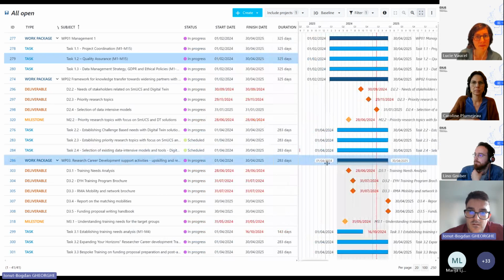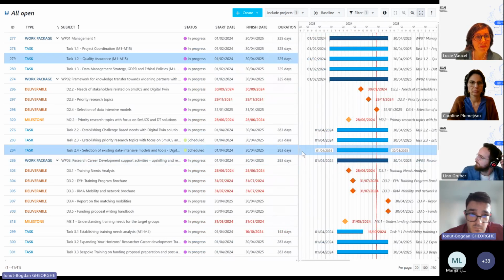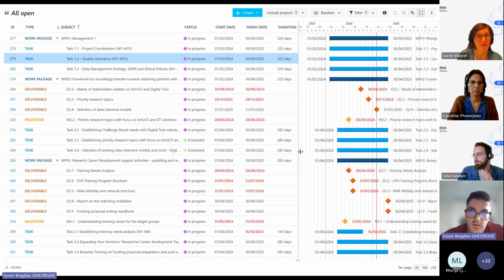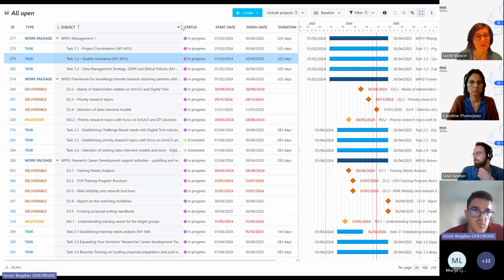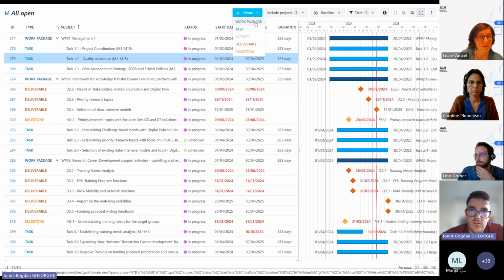Here are the dates, the deadlines for the work packages or the tasks, the duration, and I can add more features on this representation. Here I can create a work package, a task, and this platform also has the option for activities to design even smaller steps than tasks in the Gantt chart.